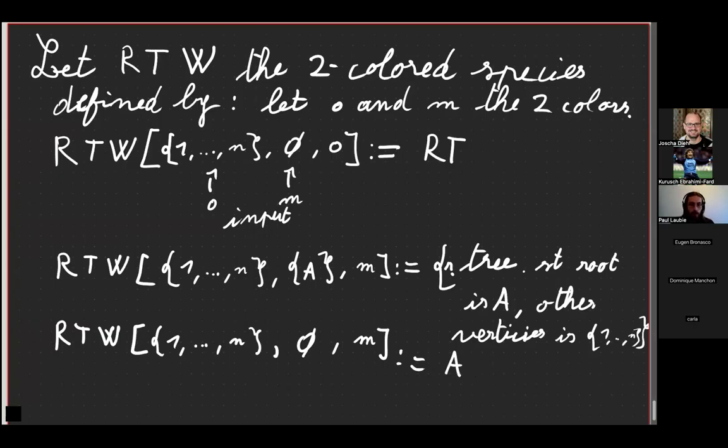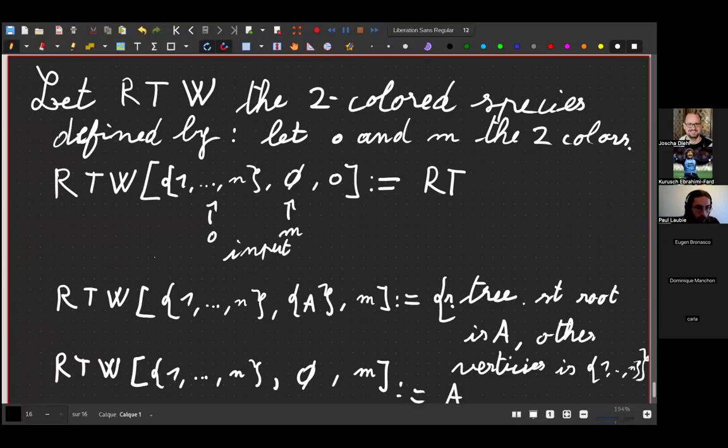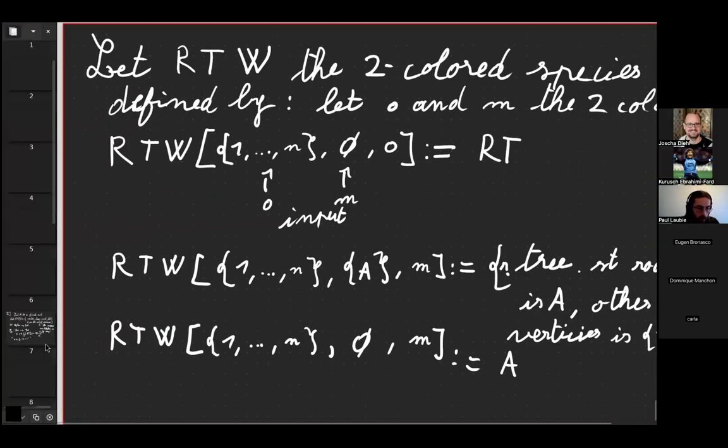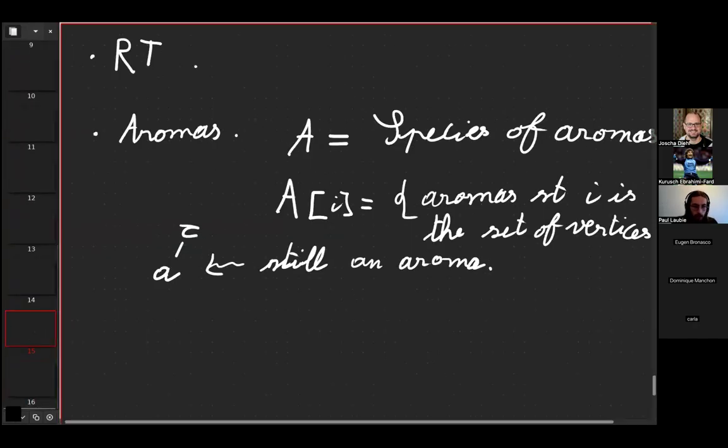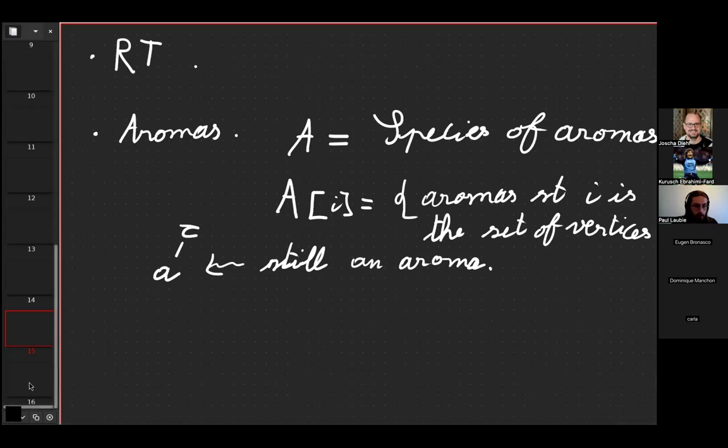Okay. And so here, if we want to understand why we defined it this way, we need to go back to the last thing I wrote. I said, if I put an aroma and I graft a tree on top of it, it is still an aroma.